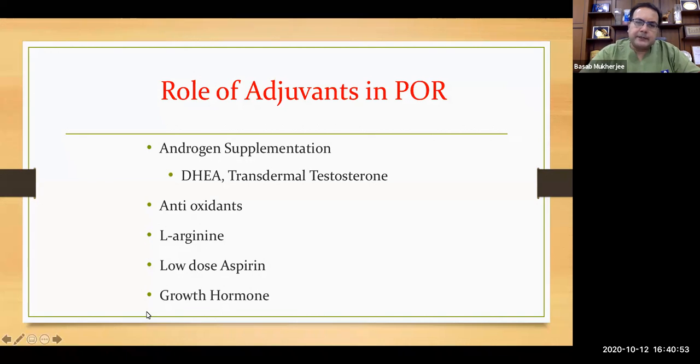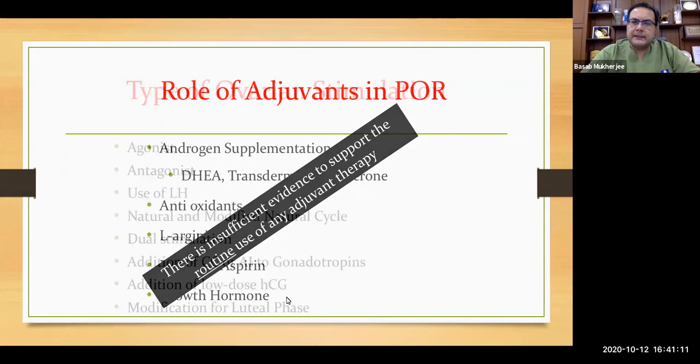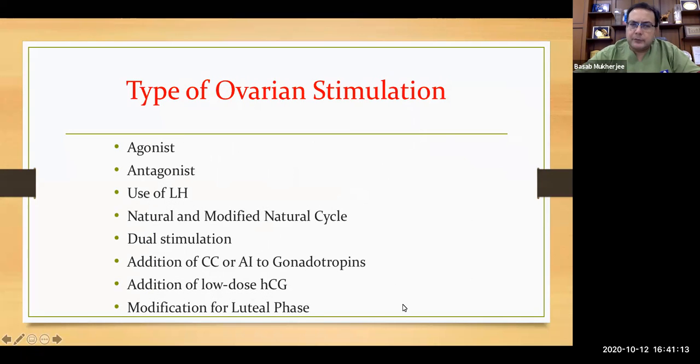L-arginine, low-dose aspirin, growth hormone, a lot of things are there, but there's insufficient evidence to support the routine use of any adjuvant therapy. One of the commonest ones which we use is DHEA, but there's still not very strong evidence to say that it makes a massive difference in the outcome.